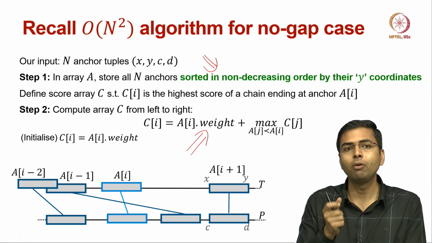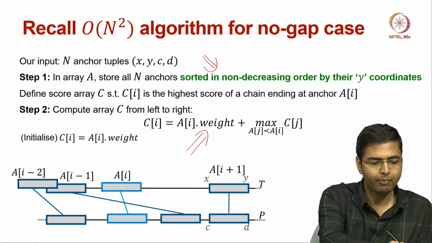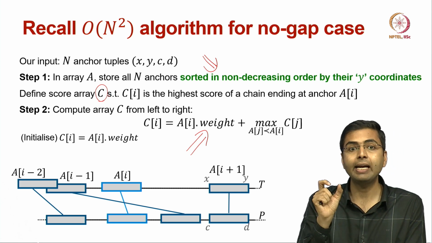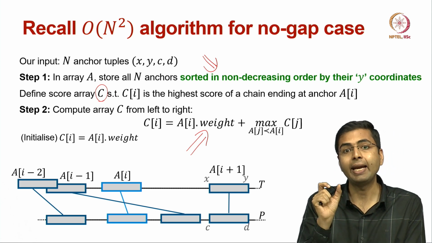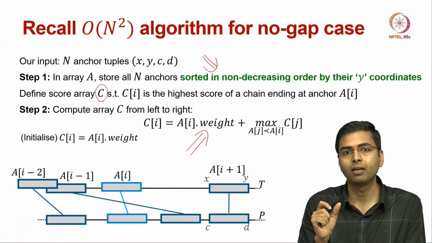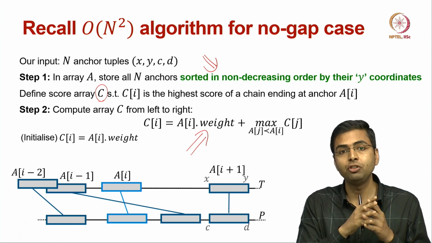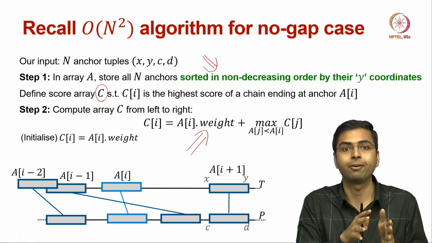Then we said that we will solve the sub problem by filling an array C, where Ci indicates the highest score of a chain ending at anchor Ai. So this is a sub problem in which we are specifically focusing on chains that end at anchor Ai.